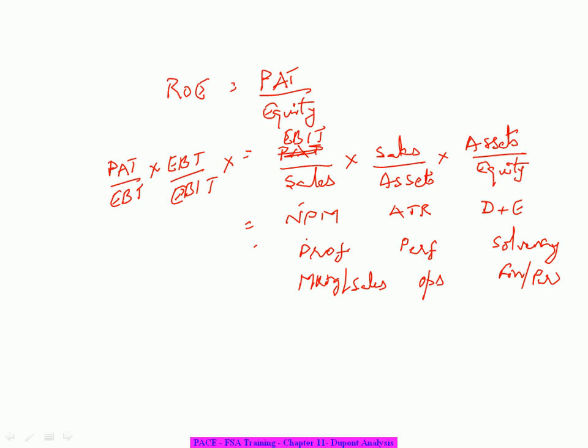Even this will give me the same logic. PAT by EBT into EBT by EBIT into EBIT by sales into sales by assets into assets by equity.